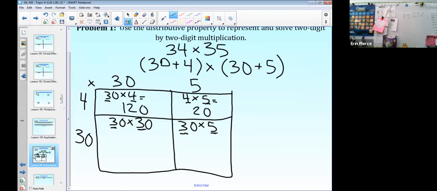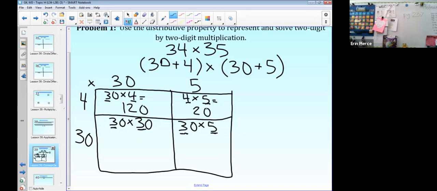What about 30 times 30? 30 times 30. 9,000. No, it's 900. You know what I'm realizing is that the 9,000 from the first one was too much.